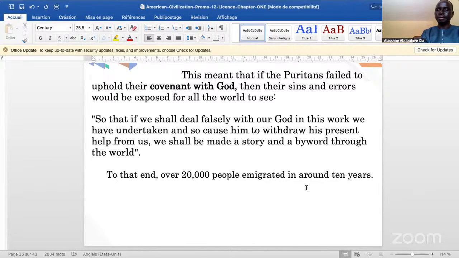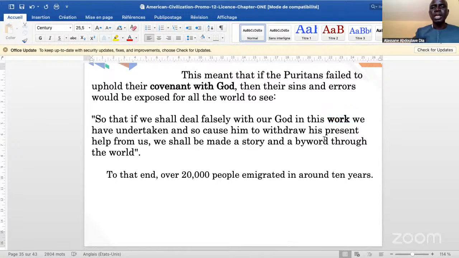Is that clear? So he said, if we shall deal falsely with our God in this work, I told you they believed in work and prayer. So religion played a role in the Puritan community.